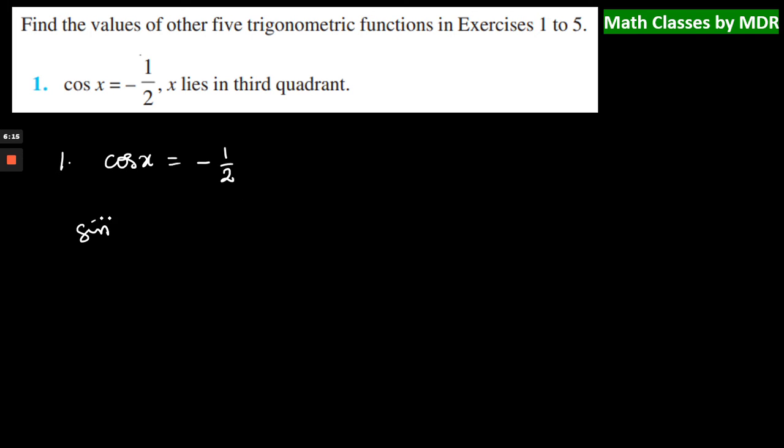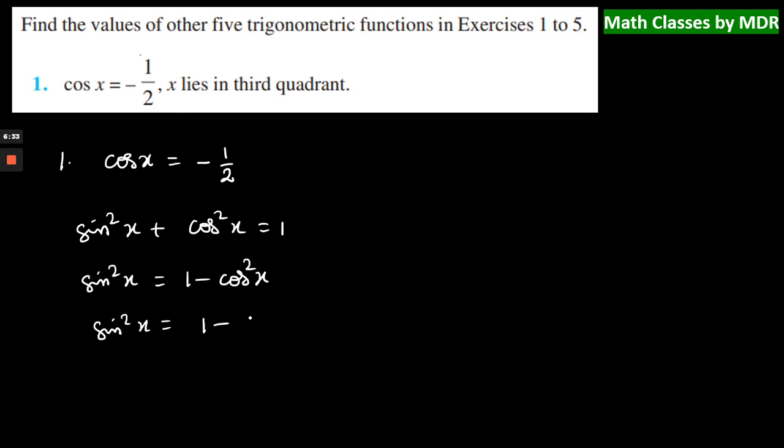So we can take sine square x plus cos square x is equal to 1, right? Now we can write sine square x equal to 1 minus cos square x. So sine square x is 1 minus (1 by 2) whole square, that is 1 minus 1 by 4.